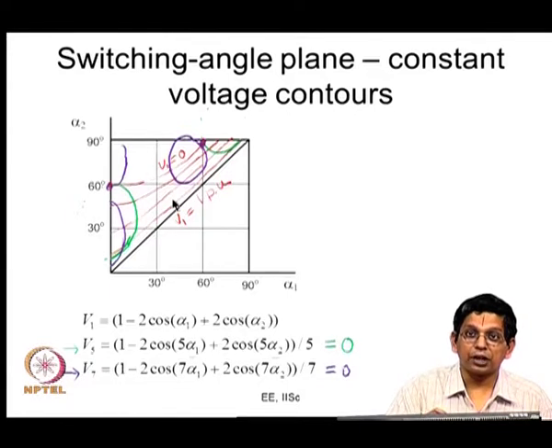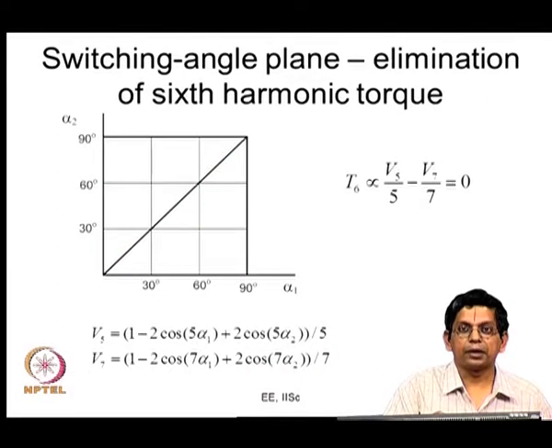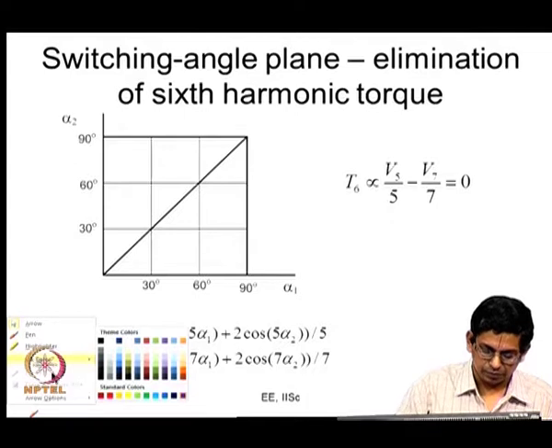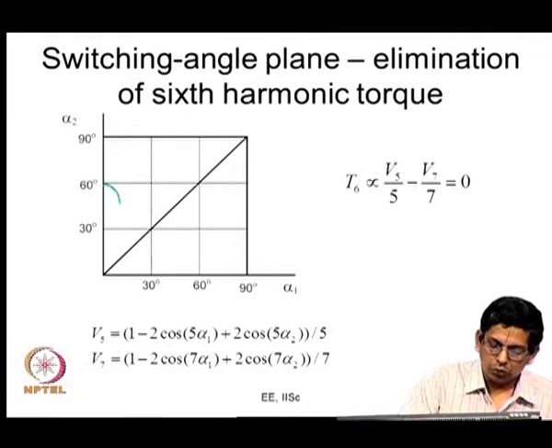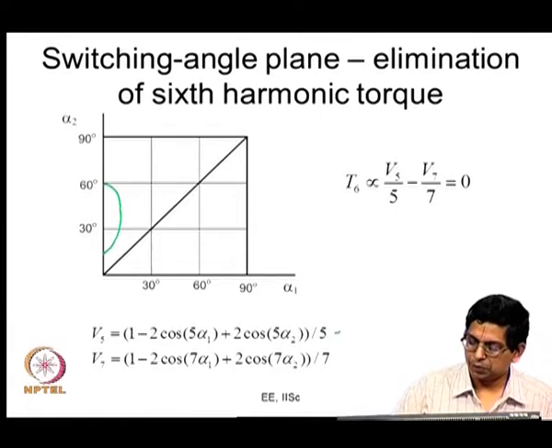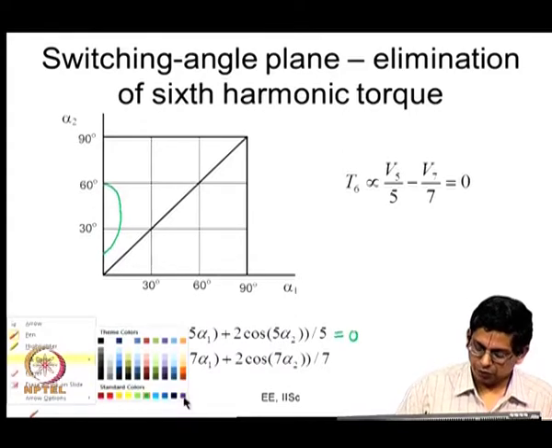So, now what are we trying to do? We are trying to look at the sixth harmonic torque to be eliminated. So, let me quickly reproduce some of these curves here. You want, this is your V5 is equal to 0. Now, you have V7 is equal to 0.